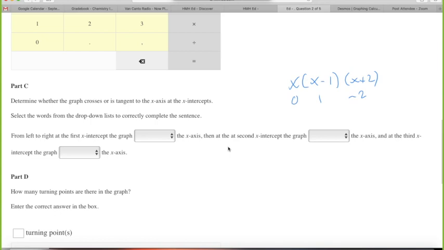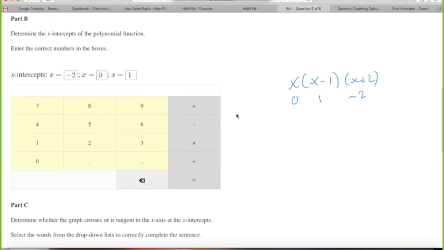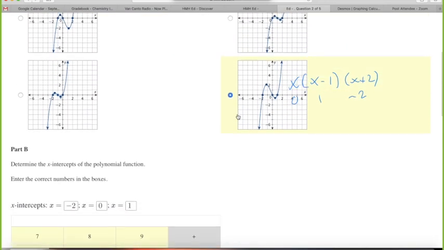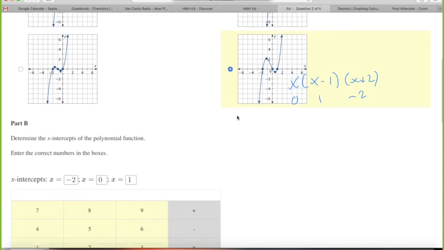Part C, determine whether the graph crosses or is tangent to the x-axis at the x-intercepts. So we'll do it one by one.